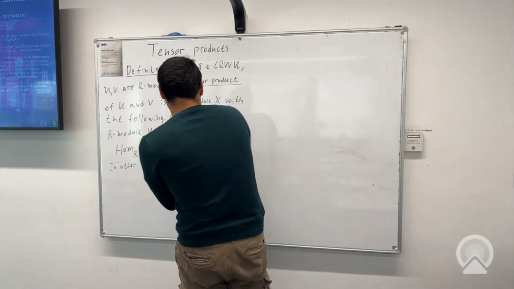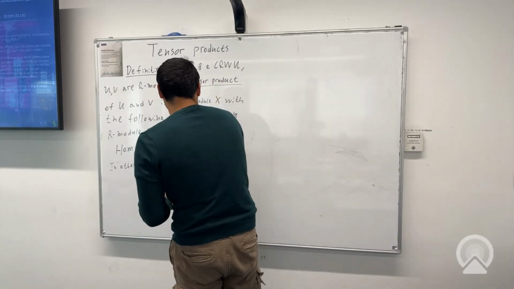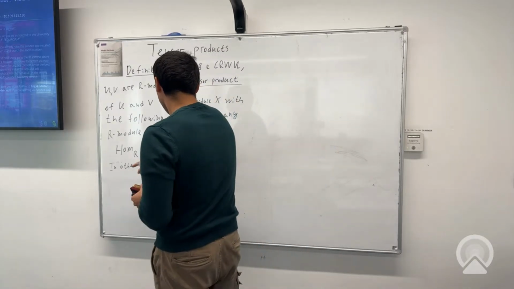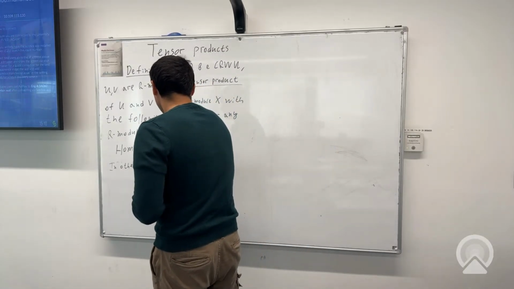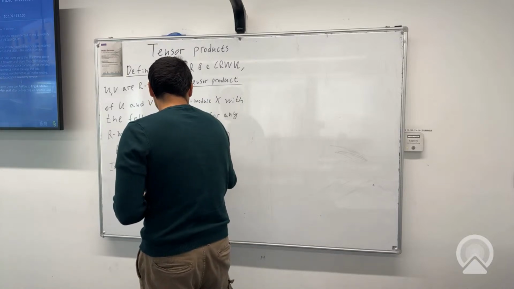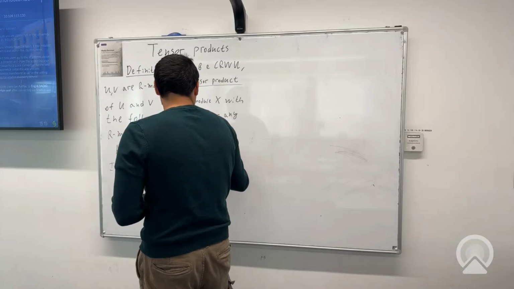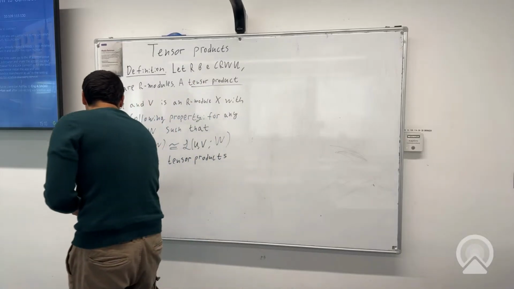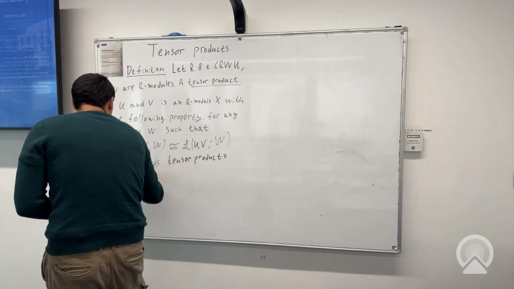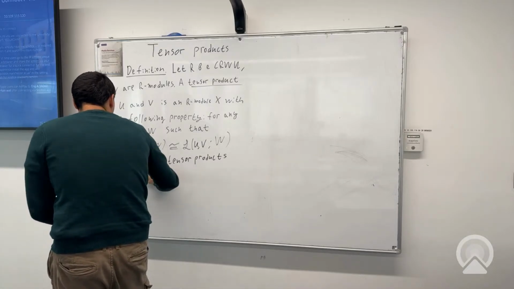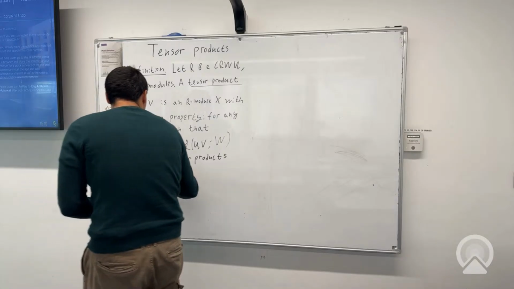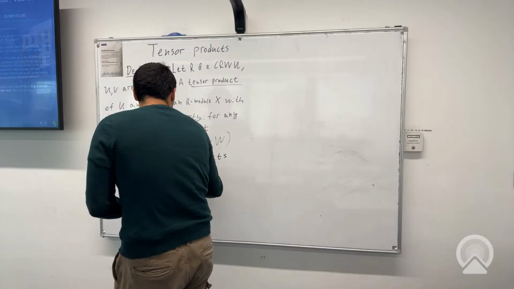In other words, tensor products represent bilinear maps as linear maps.